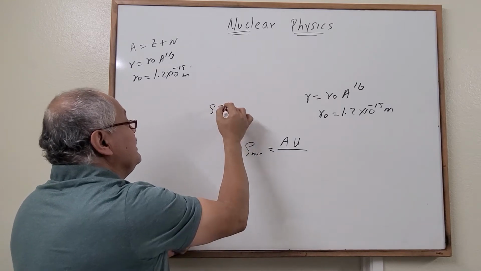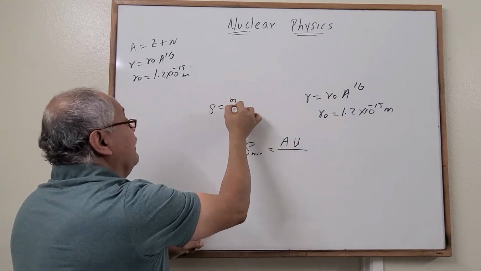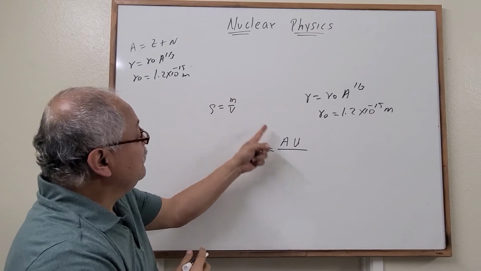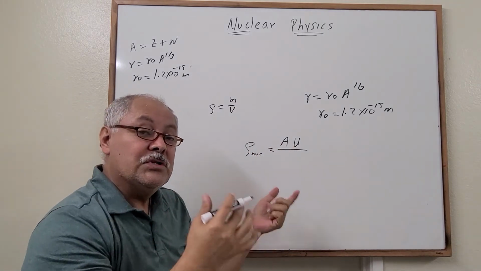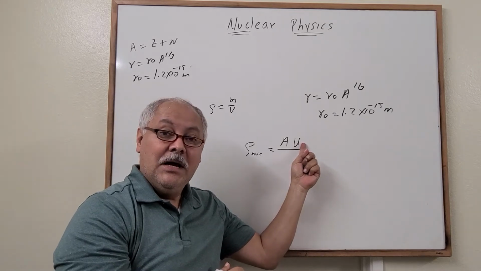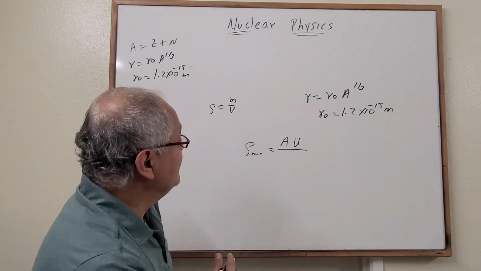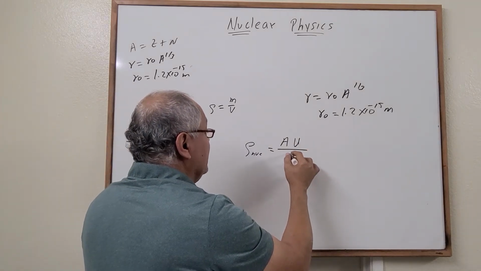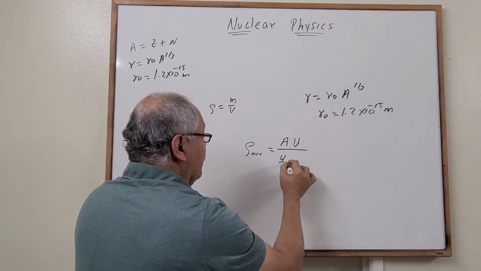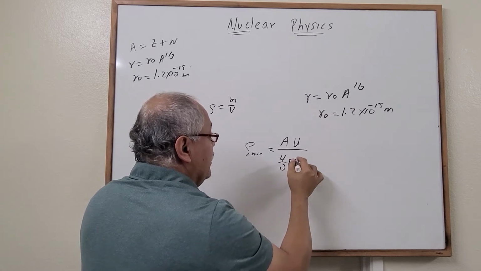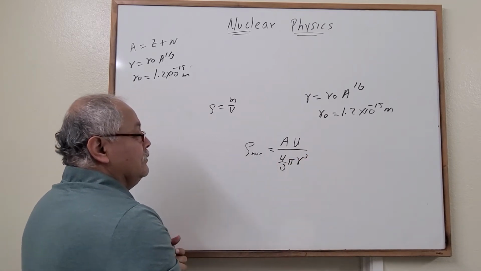Okay, density, the volume density, is mass divided by volume. But what is this mass? Well, it is the number of neutrons and protons times the atomic mass unit, correct? Perfect. Divided by the volume. But what is the volume? The volume is 4/3 pi r cubed, correct?